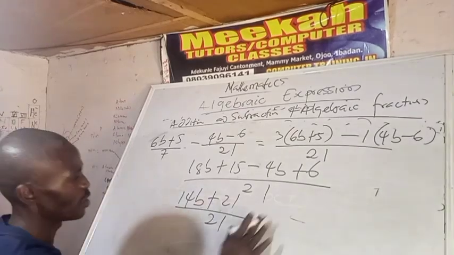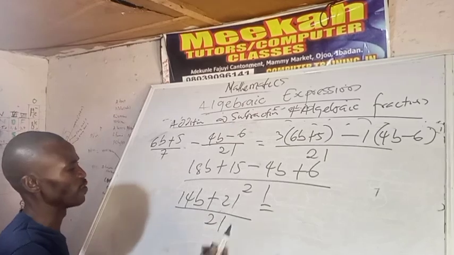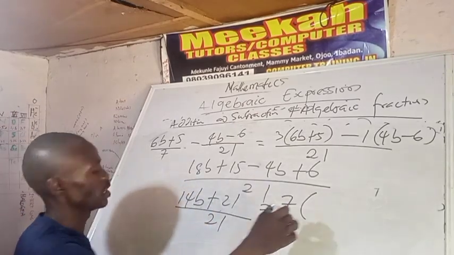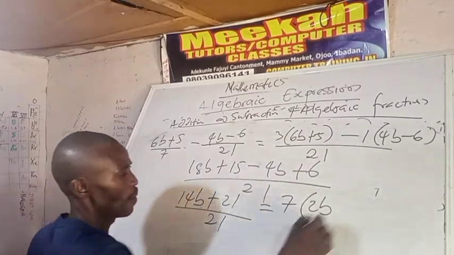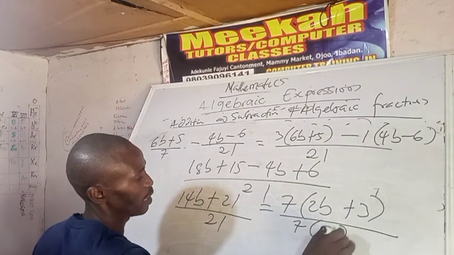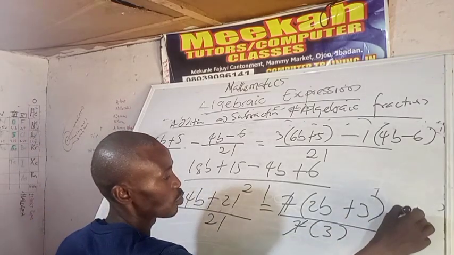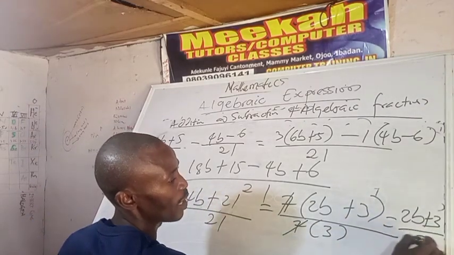What is common here? Don't leave it this way. Always reduce to the lowest. 7 can go here, 7 can go here, 7 can go here. Here becomes 7 into bracket what? 2b plus 3 over what? 7 into bracket what? 3. 7 cancels 7. So my final answer is what? 2b plus 3 over 3.